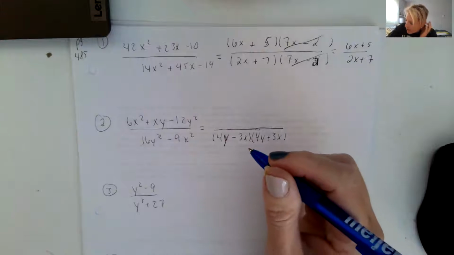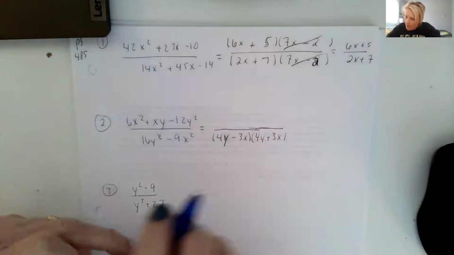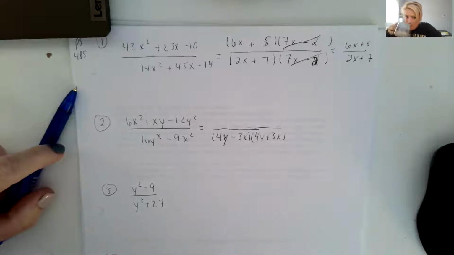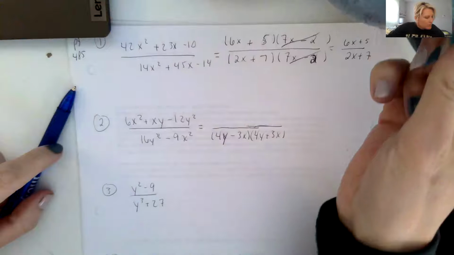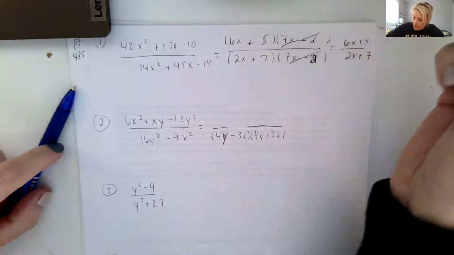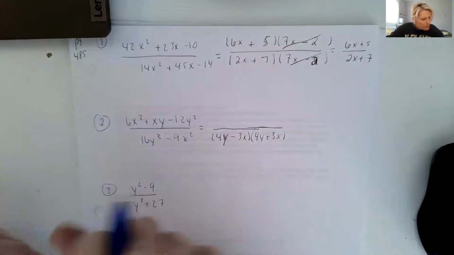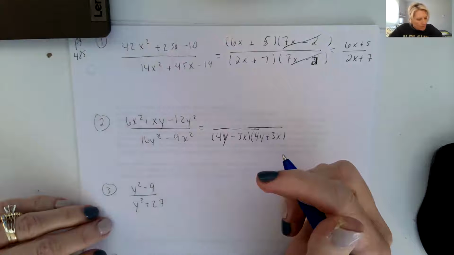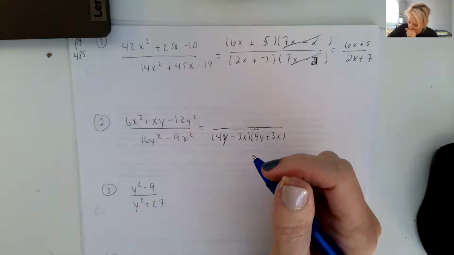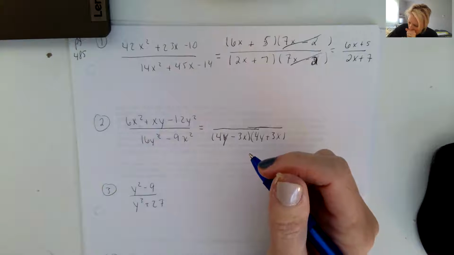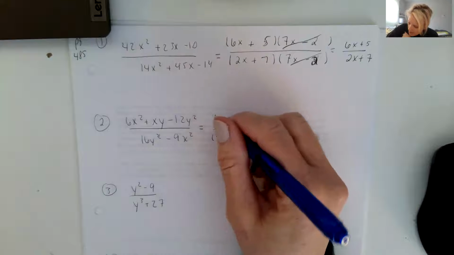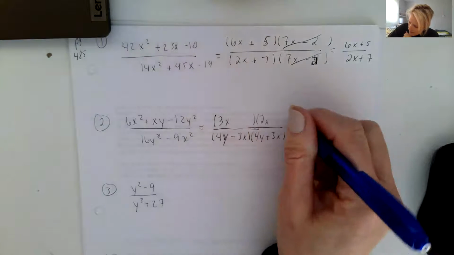And so up here, so 6x squared, it's going to be a 3x and a 2x, I think.